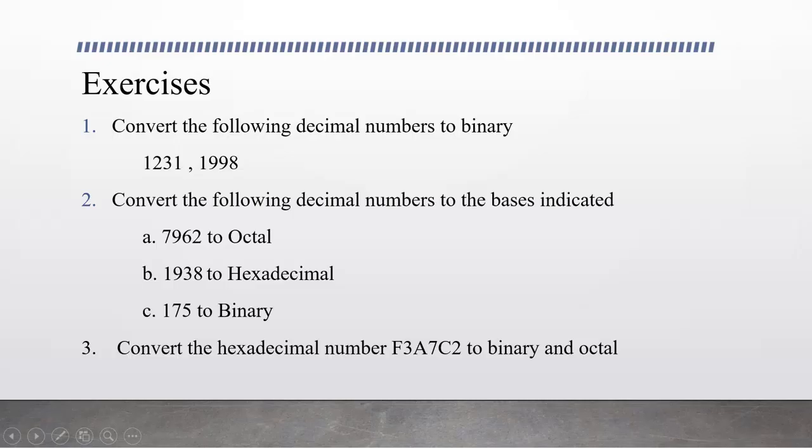And here are some exercises to do. The first question, convert these decimal numbers to binary. And here convert these decimal numbers to the indicated bases, octal, hexadecimal and binary. Then the third question, convert the hexadecimal number F3A7C2 to binary and octal.